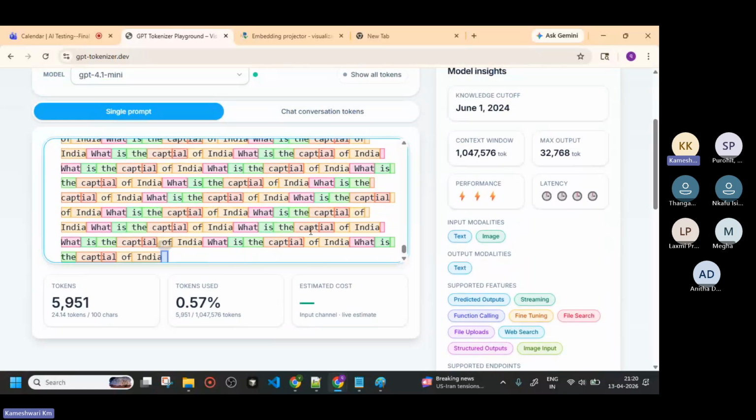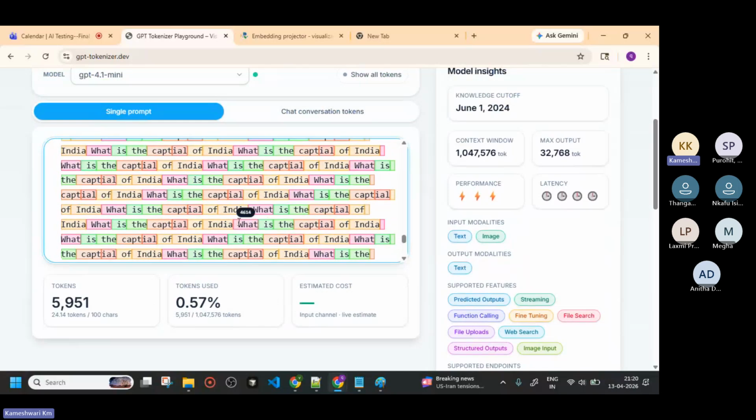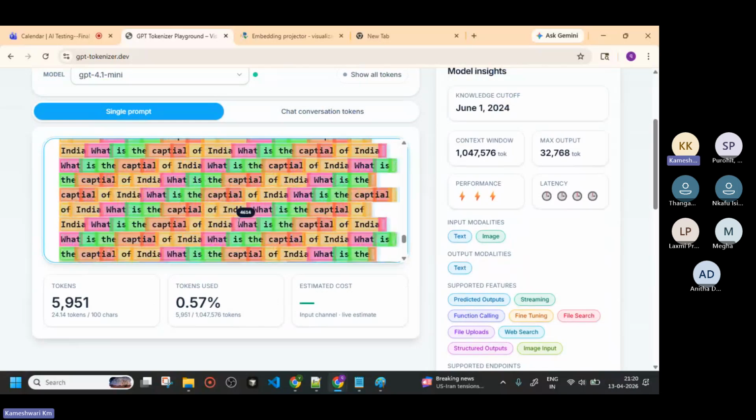It will be considered as something like 0.0001 for 10K tokens. There is a limit, like you see, tokens utilized. I have utilized 5,951 tokens out of 1,457 tokens. There are limitations. So this is how the tokens have been designed.